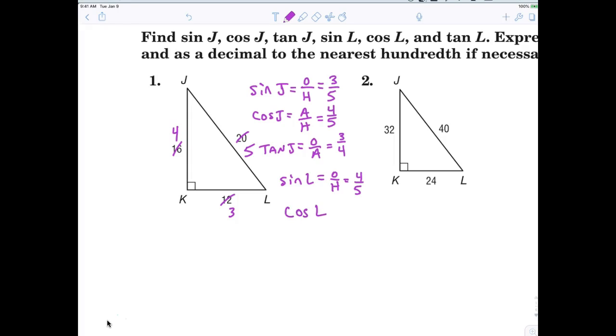Cosine of L. A over H, which is what? 3 over 5. And then tangent of L. Opposite over adjacent, which is 4 over 3. Is everybody with me on this?